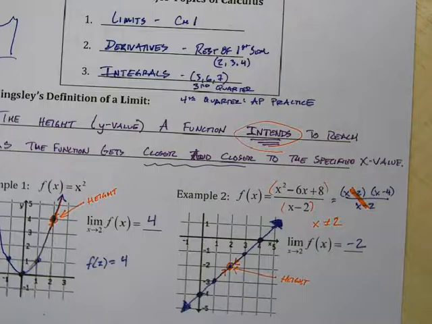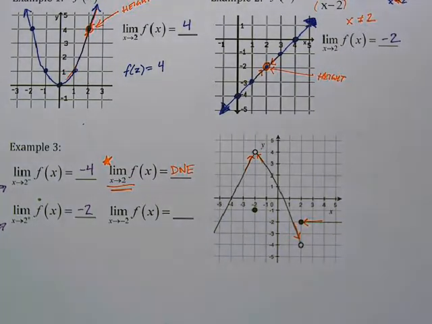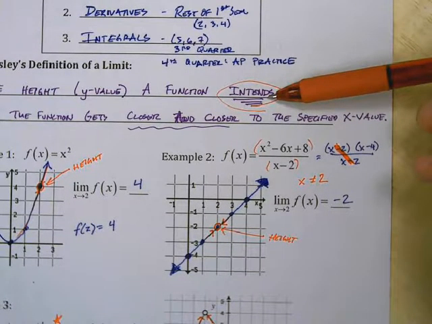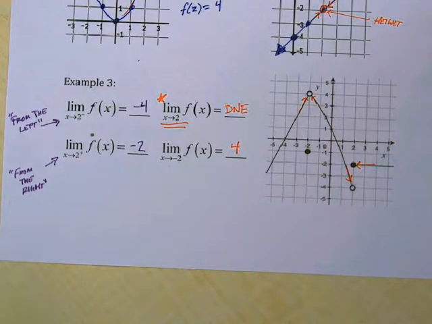I mean, you don't know. Again, that's why I like that word intends. Your actual value is -1, but you were intending to go to 4. You never made it. When you're actually at -2, you're down here at -1. But when the left and the right are going to the same spot, the limit exists. Got it? There it is.